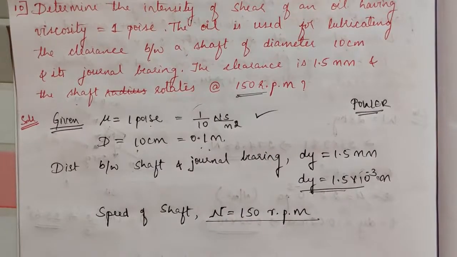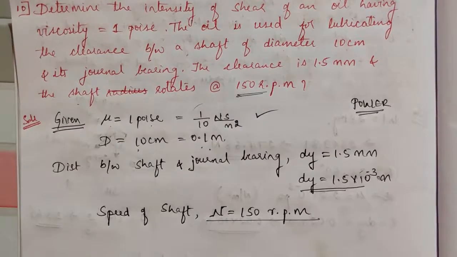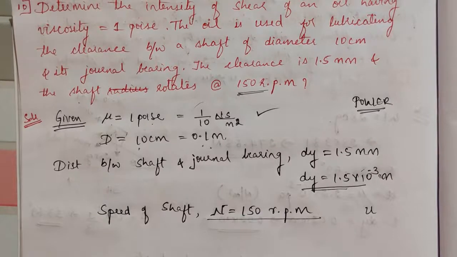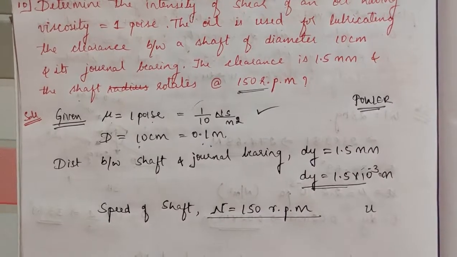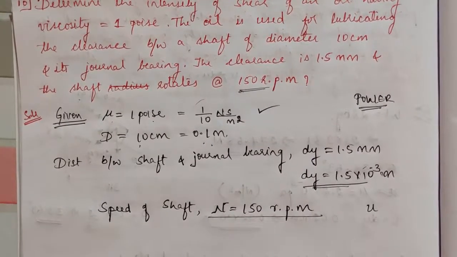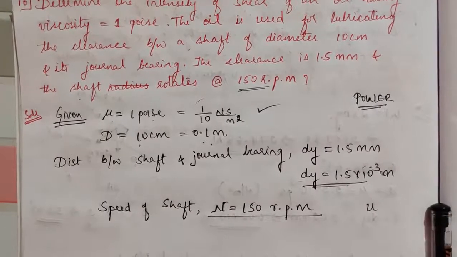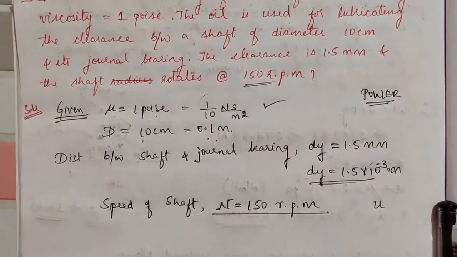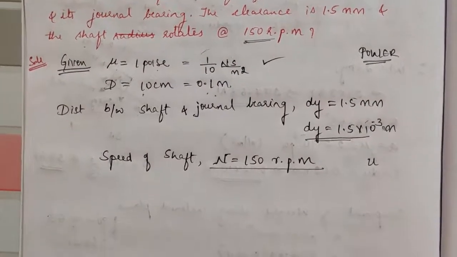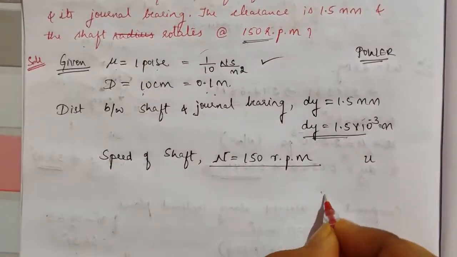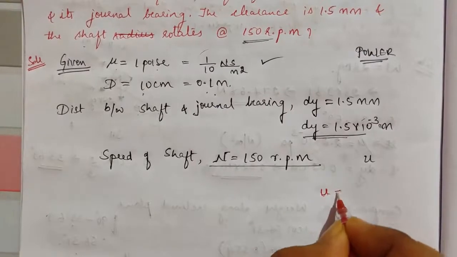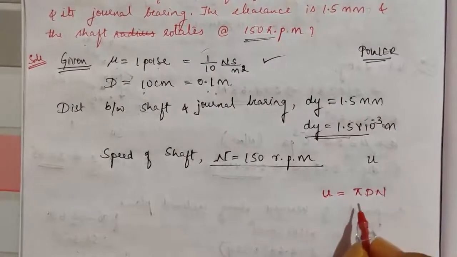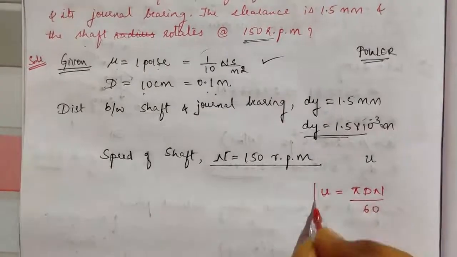We have a formula to calculate velocity u whenever rpm is given with diameter. Please remember that: u is equal to pi dn divided by 60.